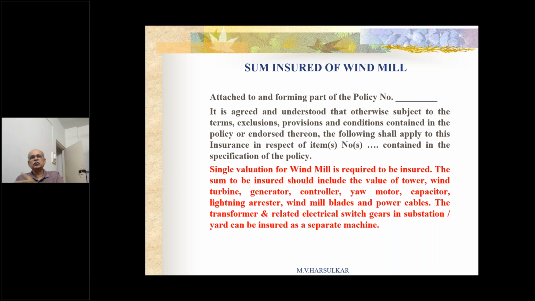In that case, the parts to be replaced were a few thousand, maybe 1 lakh or 1.5 lakh. But the cost of taking down the wind generator and putting it again was around 12 lakhs. Now, since they had shown a separate sum insured for erection, that erection cost, whatever was shown, was the maximum liability. So they were hardly getting any claim. Maybe they have withdrawn, or I don't know, but this problem will be there if separate sums insured are given.